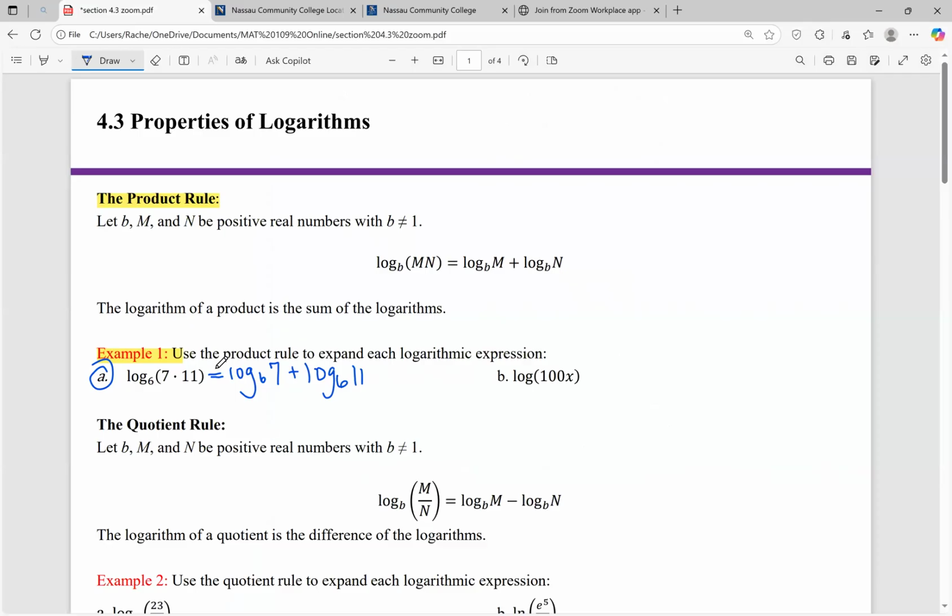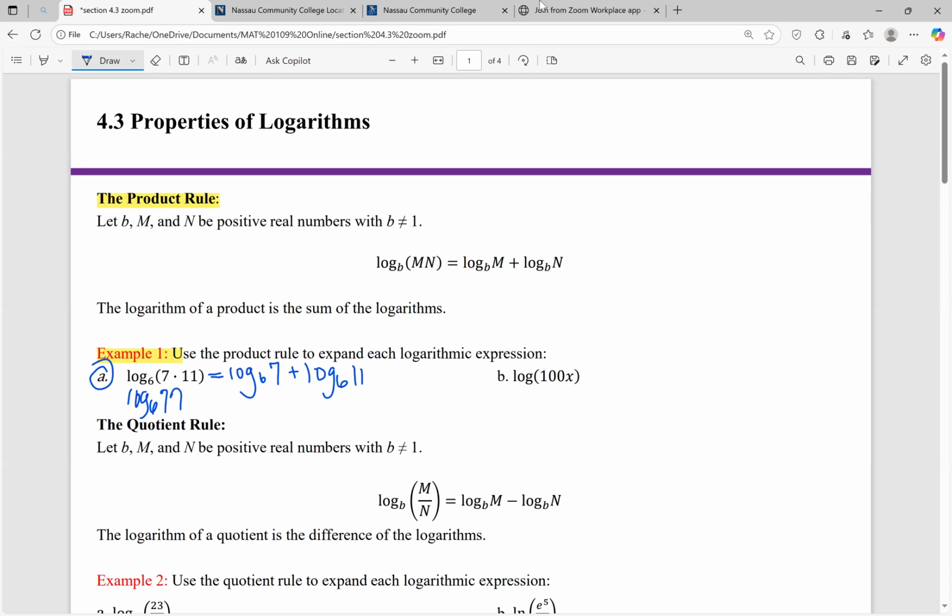We're saying that this is equivalent to log base 6 of 7 times 11, which is 77, right? So isn't this log base 6 of 77? We're saying it's equal to log base 6 of 7 plus log base 6 of 11. So let's check that they are in fact equal.